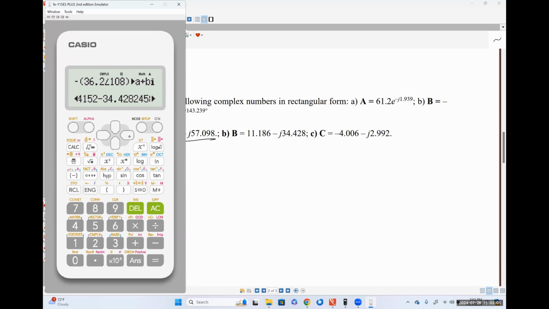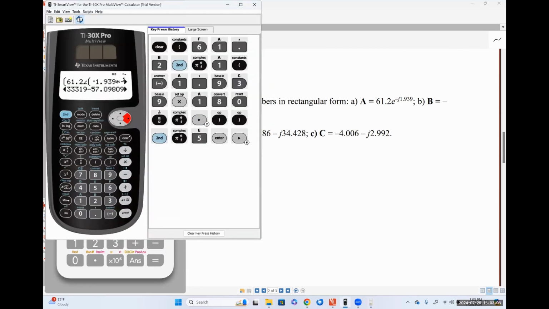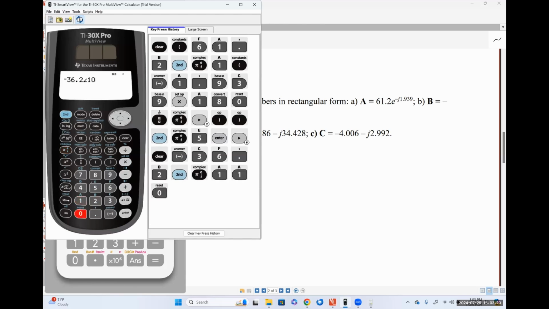Is there something different about the TI? Because I didn't get an error doing it. Let me see. Because I just did the negative 36.2 angle 108 and then complex to A plus BI.